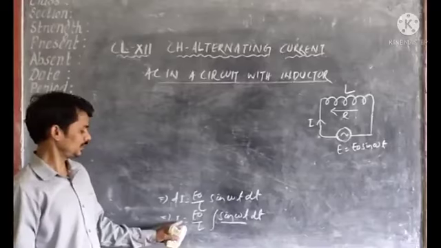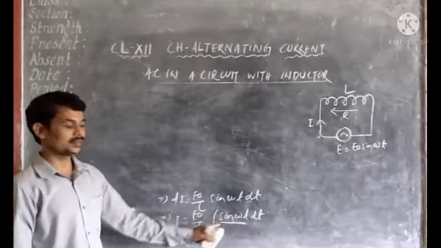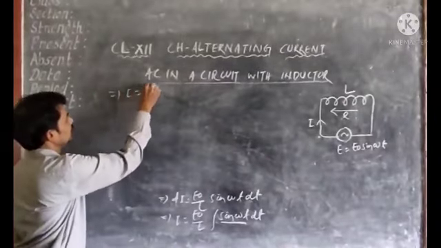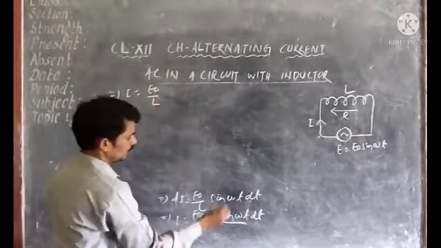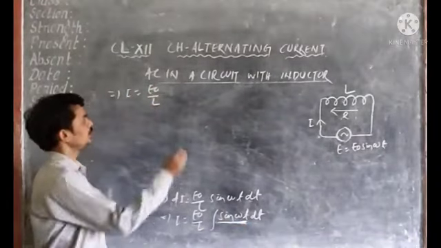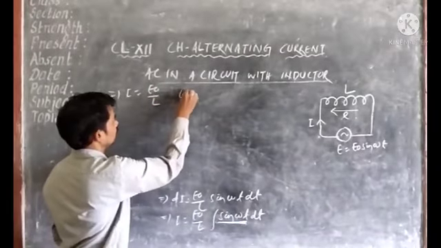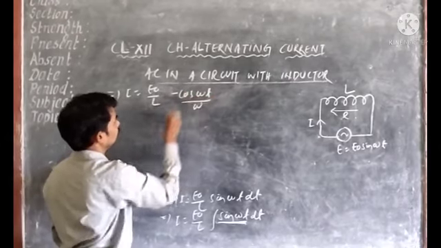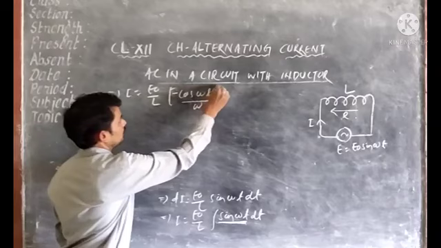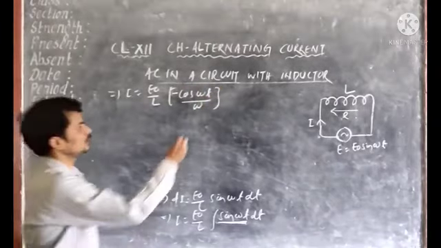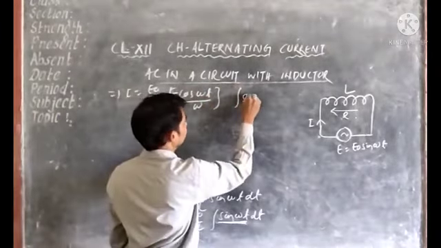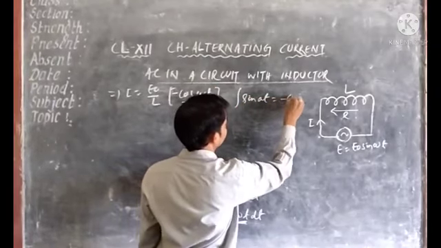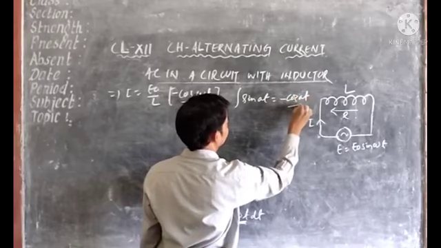Now let's integrate this sin omega t to get the current. So I is equal to E naught by L, then the integration of sin omega t is equal to minus cos omega t divided by omega, because integration of sin at is equal to minus cos at divided by a.